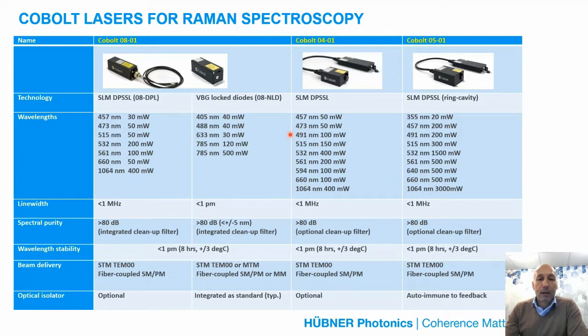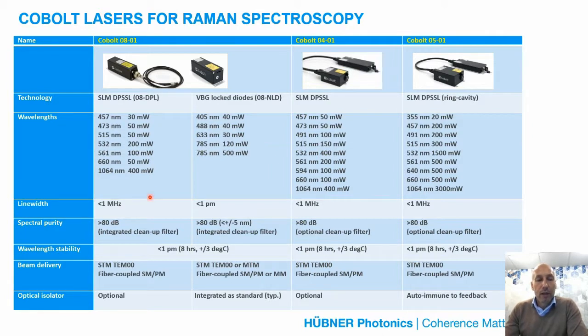And with the VBG locked diodes, we're covering the violet at 405, the 488, 633 and 785 nanometers, which are all very commonly used for Raman spectroscopy. And at 785 we have two versions, one single transversal mode laser at 120 milliwatts and a higher power multi-transversal mode laser.